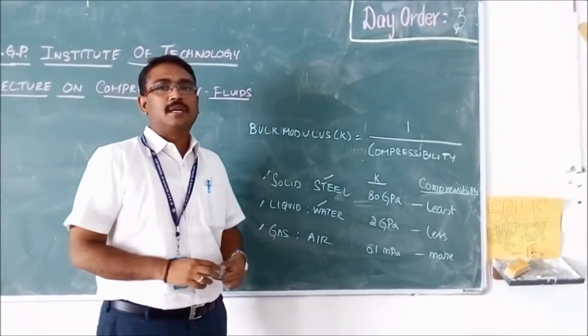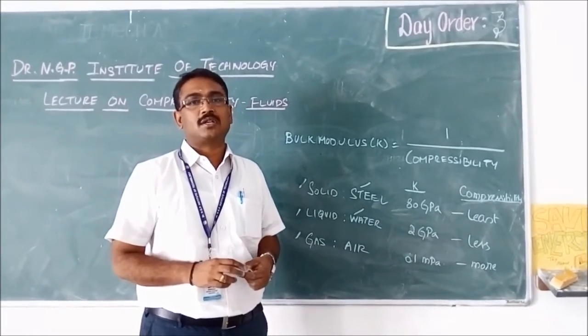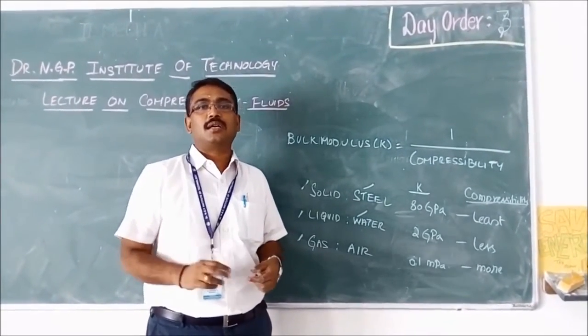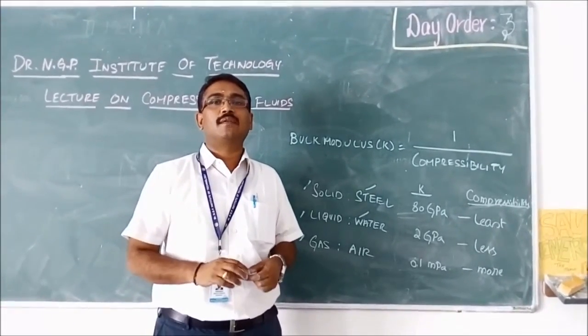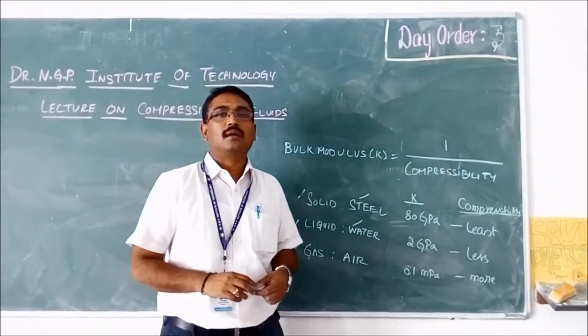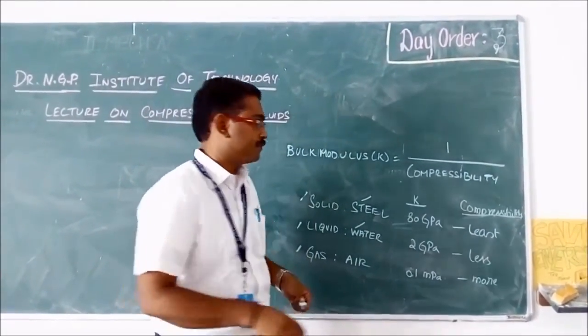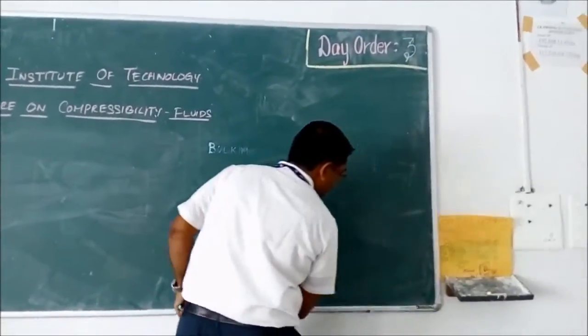Having understood the compressibility properties, let's understand the governing law called Pascal's law. Pascal's law states that the pressure applied on a fluid at rest is equal in all directions. Let's understand that law using a simple derivation.